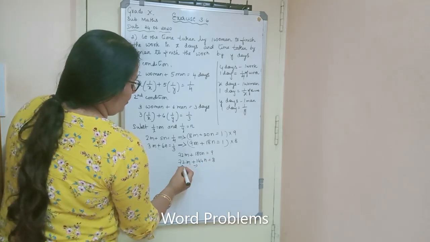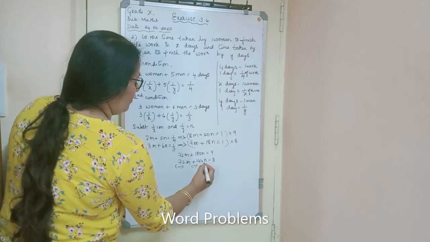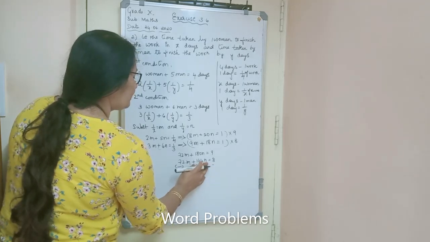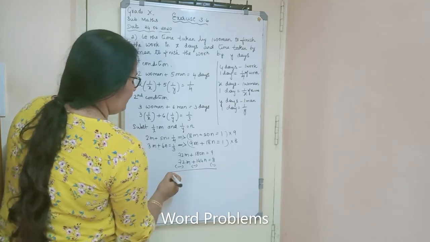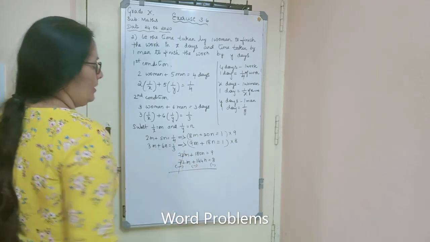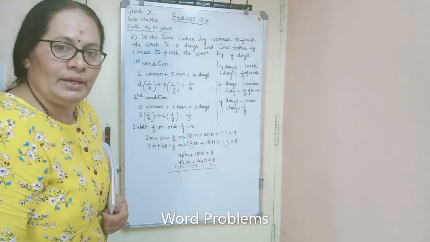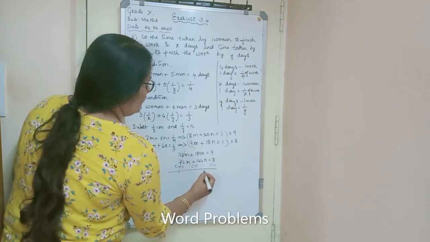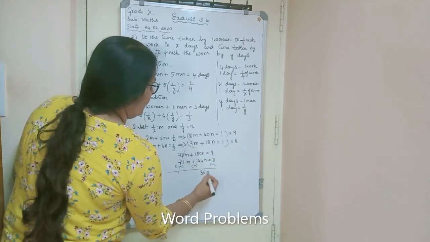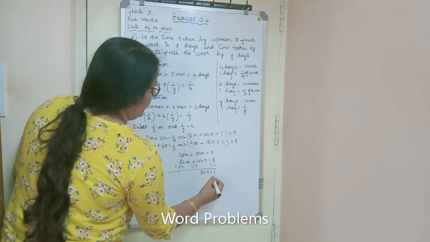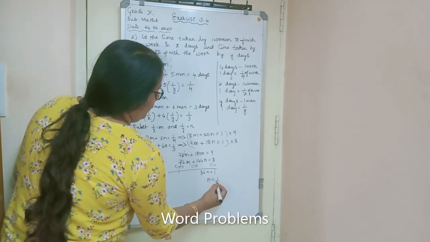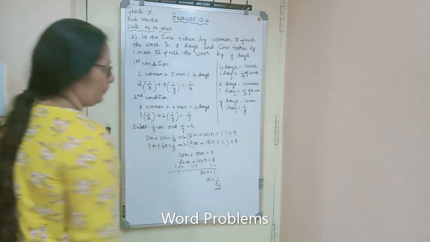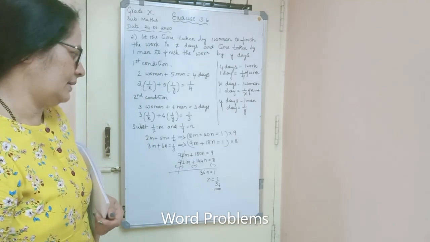Now subtract both equations. 72m minus 72m cancelled. So 180 minus 144 is 36, and 9 minus 8 is 1, so 36n equals 1. So n equals 1 by 36.